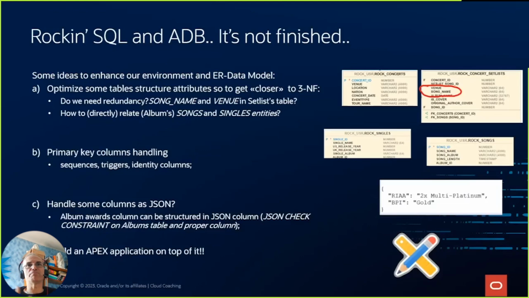Then some handling of my primary key columns. So, for example, I have all these tables, I have primary keys created, and I have unique values as per my manual collection and data loading. For the next data loading, it is better to have my primary key column well managed. So maybe associating with a sequence, a trigger that feeds in a proper way the sequence once I create new records for my table.